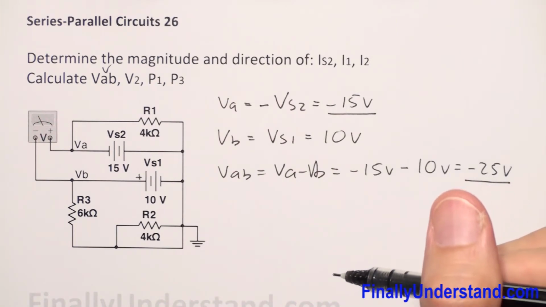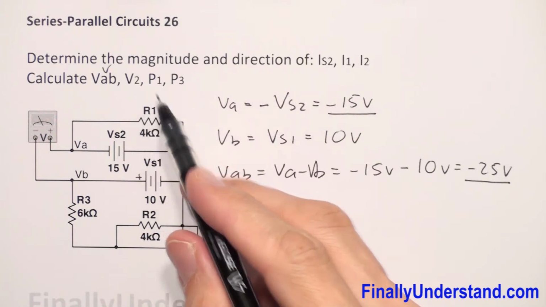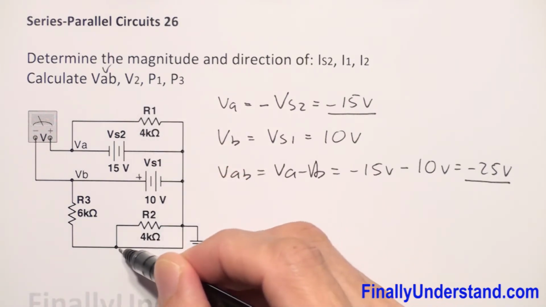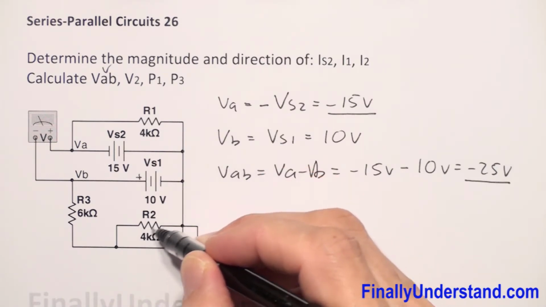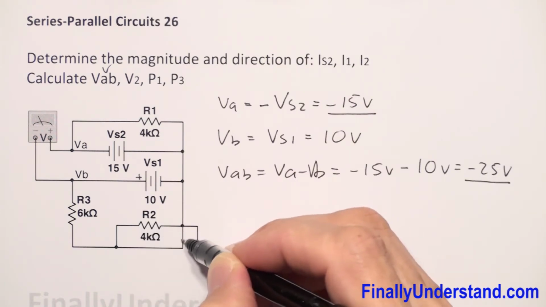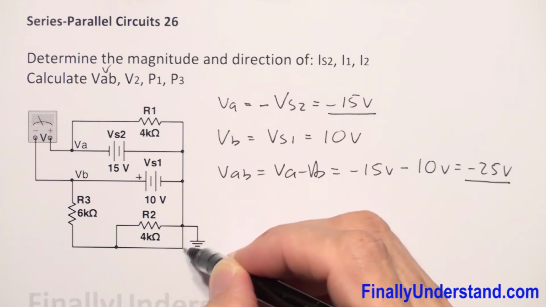Next, we're supposed to find, let's say, V2. V2 is the voltage across resistor R2, but please notice that this resistor is shorted. It means that the current is not going to flow through this resistor. The current will flow around this resistor, because we gave the current an option.